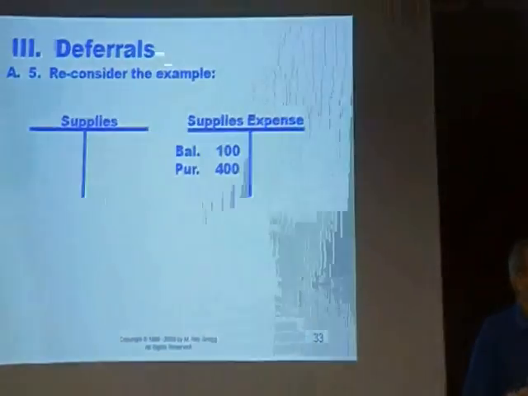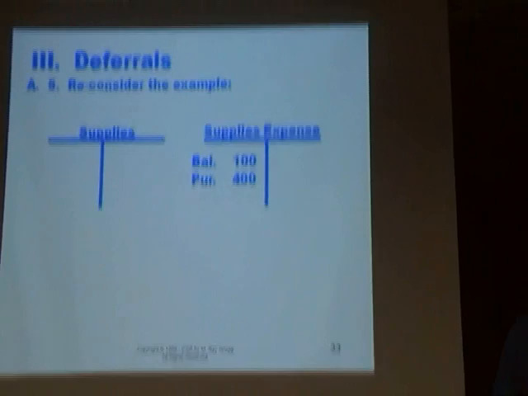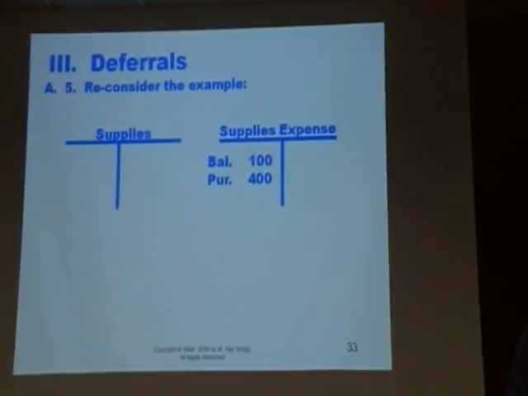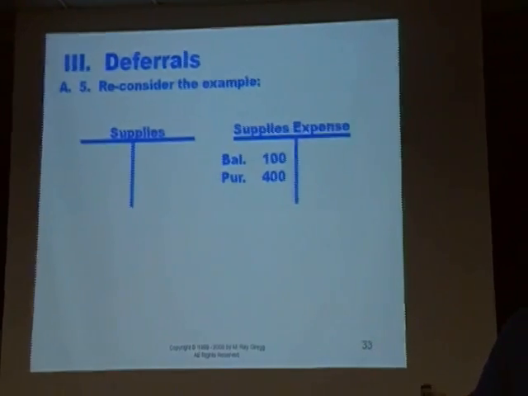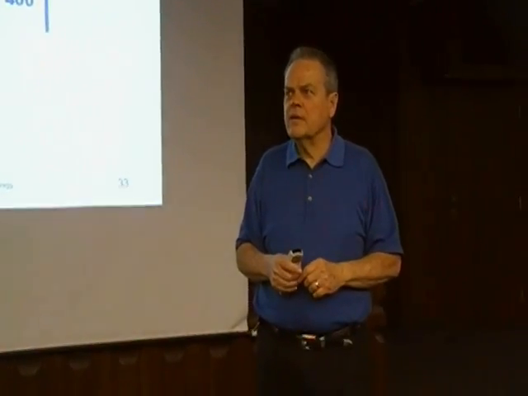Lots of companies do. We would have found $500 in that account. Doing nothing would overstate that expense on the income statement, understate the asset supplies on the balance sheet, and mess up both financial statements.